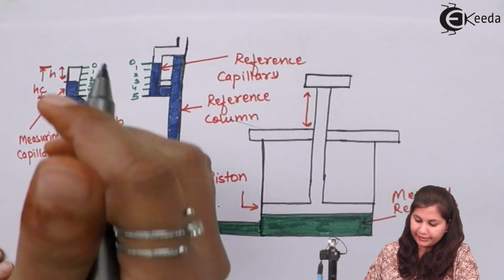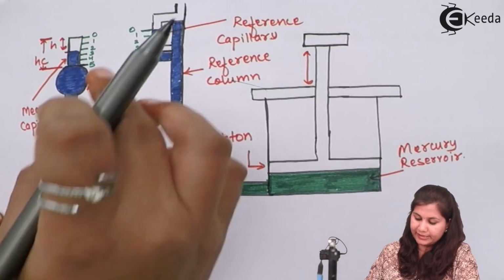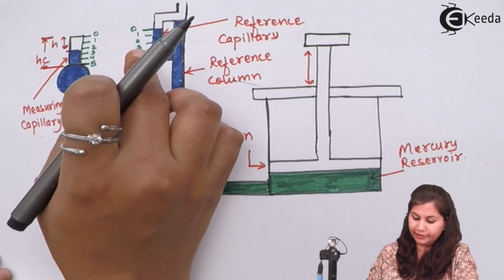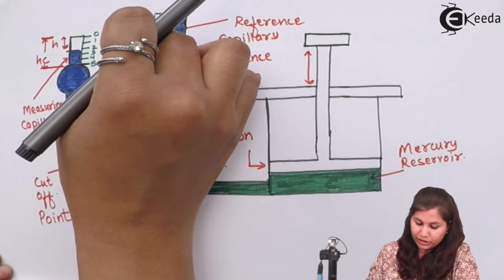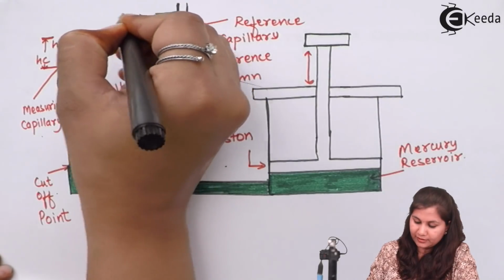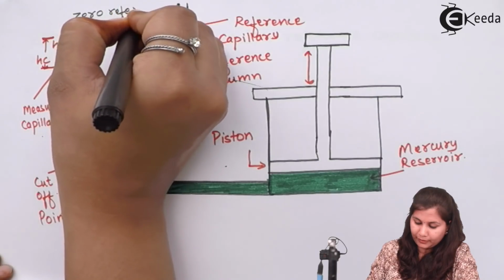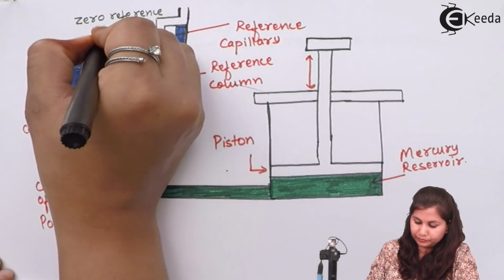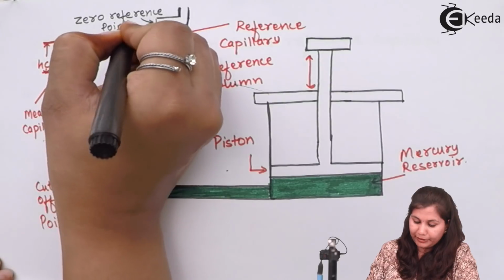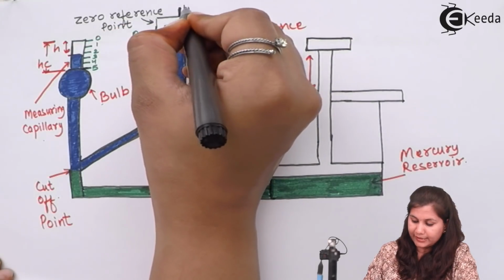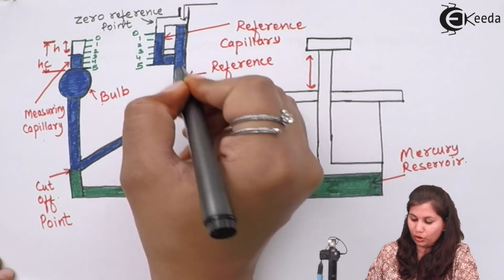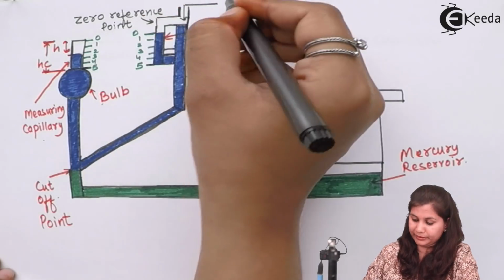Here you can see in the diagram that on the reference capillary there are different markings from 0 to 5. So 0 is the point which is called the zero reference point. And the pressure which we want to measure is applied in this reference column, or in this reference capillary.